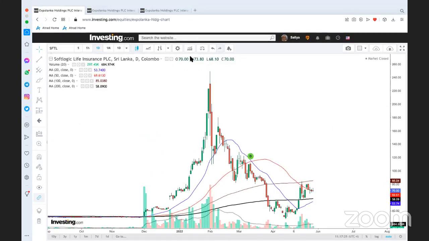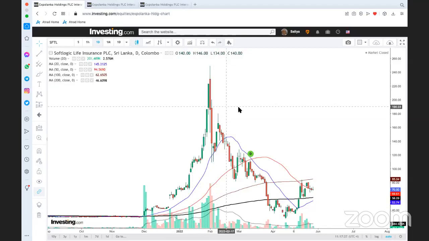There's a question, let's see: why don't you recommend using other indicators to get a strong uptrend confirmation, such as RSI, MACD? We are using the RSI and MACD not to understand the trend.